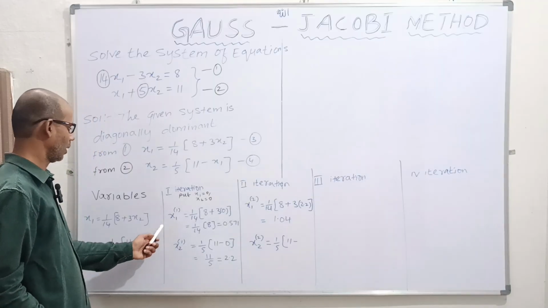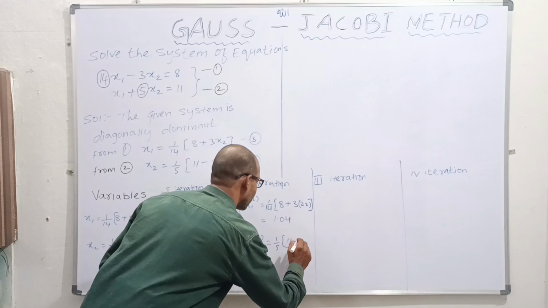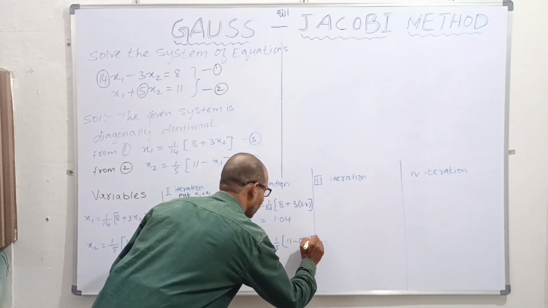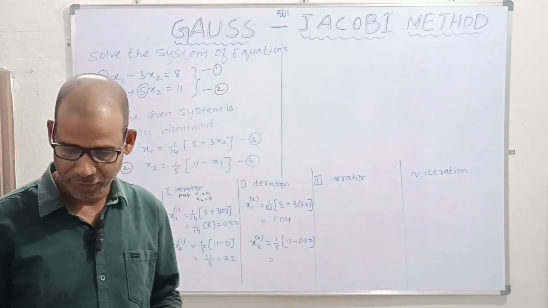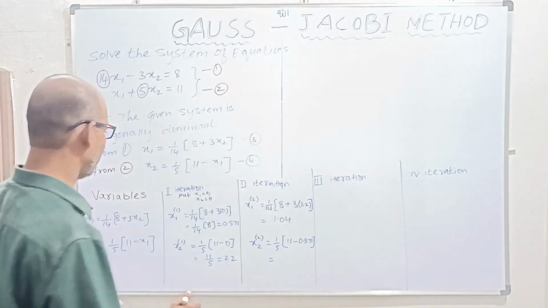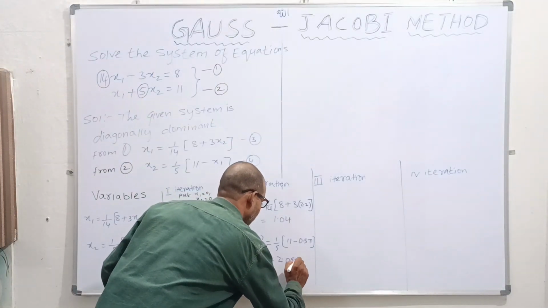What is x1 from the first iteration? The x1 value is 0.57. On simplifying this, we'll get 2.085.